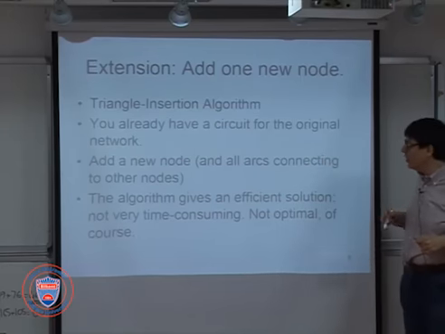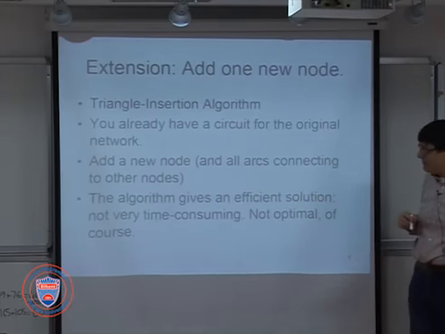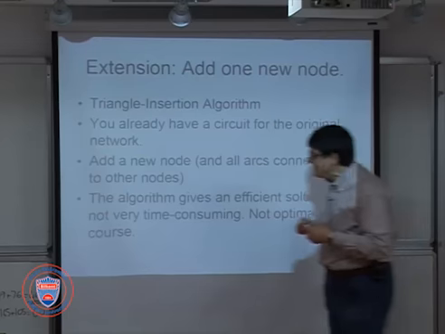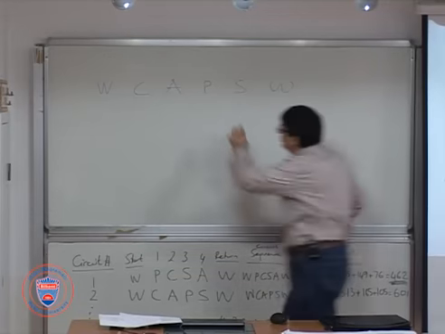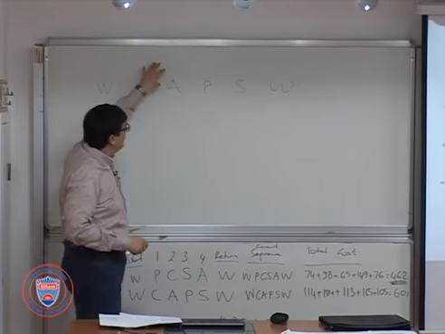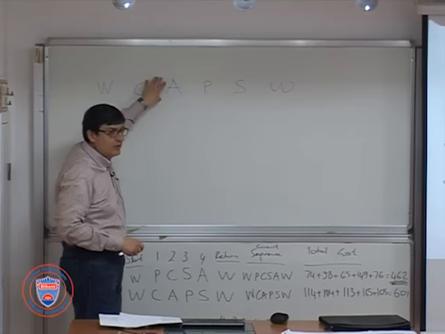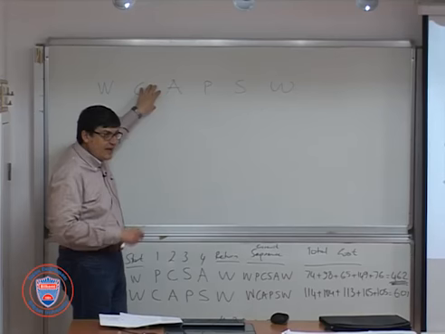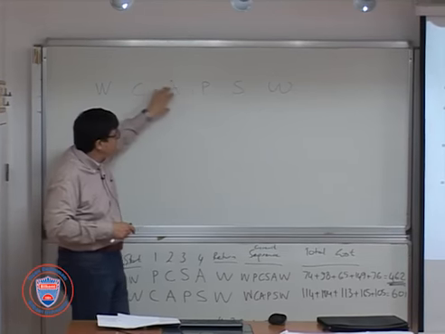Now, add a new node. It simply says that you add a new node and all arcs connecting to other nodes. So basically what you do is you simply take a node and add it somewhere over here. So you simply shift the location of that and check whether it is suitable to place it here.